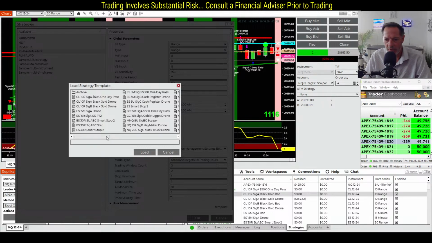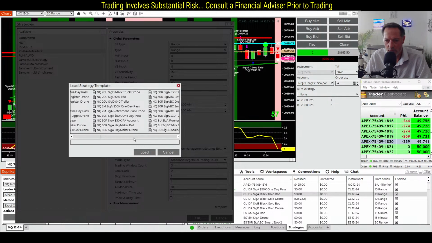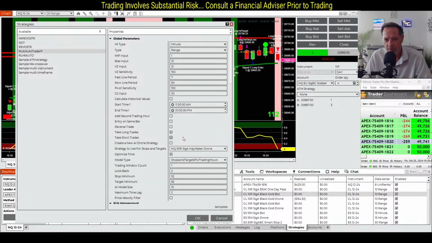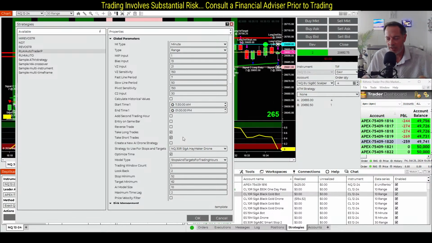So I'm going to load up the NQ. $50,000 1-day pass. ODP. Rue made this up for us, the 1-day pass. So right now, I figured out the other day when I was showing this what I was struggling with.